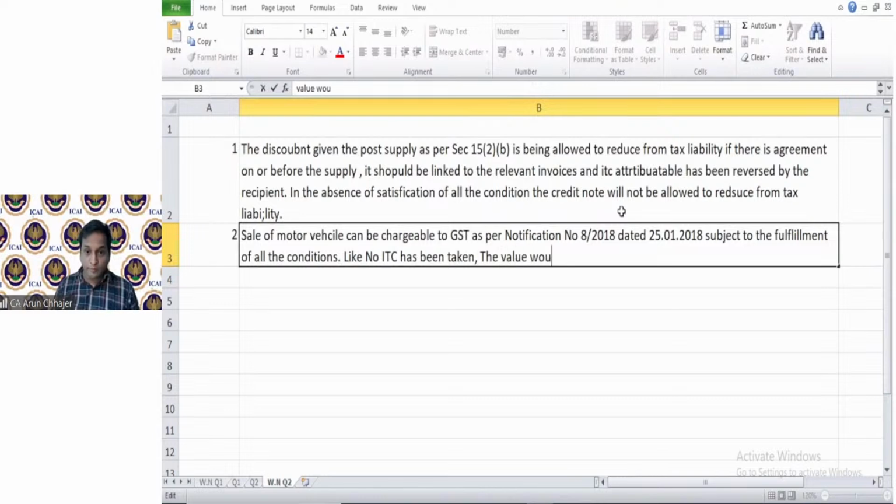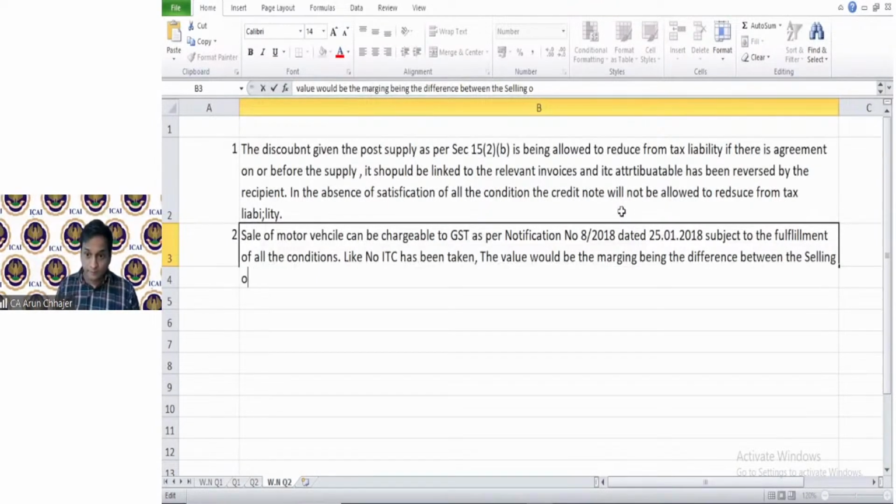The value would be the margin, being the difference between the selling price minus written down value.